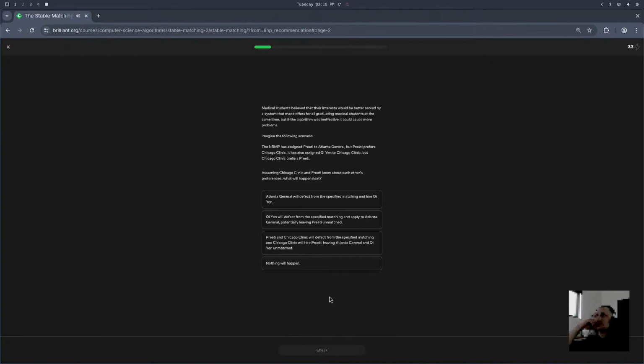Medical students believed that their interests would be better served by a system that made offers for all graduating medical students at the same time, but if the algorithm was ineffective, it could cause more problems. Imagine the following scenario. The NRMP has assigned Preety to Atlanta General, but Preety prefers Chicago Clinic.